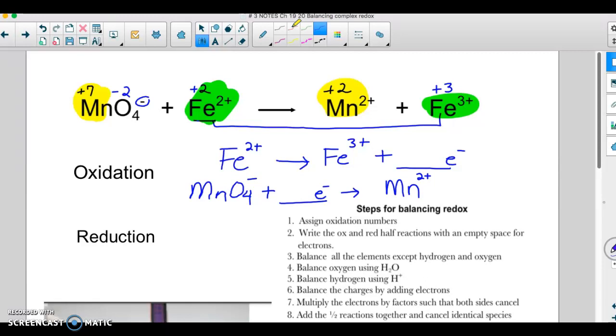So if I look at my steps, I have done steps 1, 2, and 3. And now I'm on step 4. I'm going to balance the oxygen using water. So because I have 4 oxygens here, I need to put the water back into the simplified reaction that we started with.